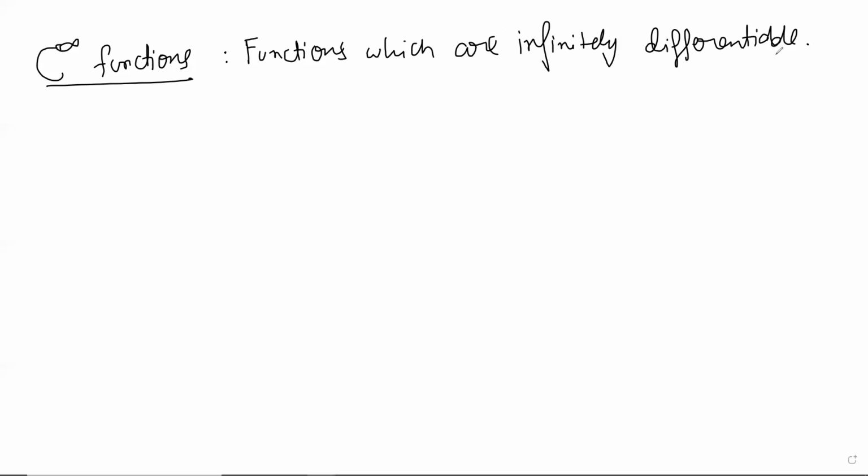Okay, so we are going to look at functions which are infinitely differentiable, which means that for every n, the nth derivative exists at all points. So it's from R to R.